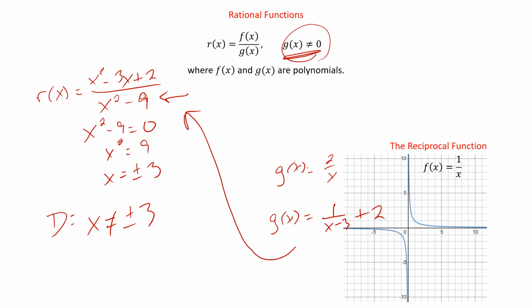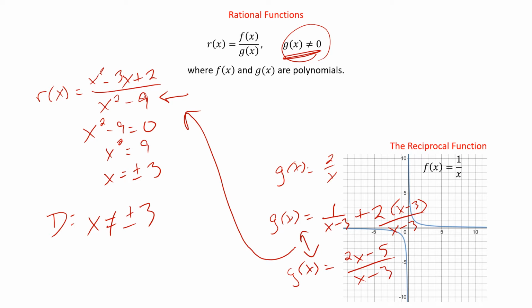To write it in that form, we would need to make a common denominator. So we have x minus 3 as the denominator, so 2 would be 2 times x minus 3 over x minus 3. So this g of x, we have 1 plus 2x minus 6, which is going to be 2x minus 5 over x minus 3.